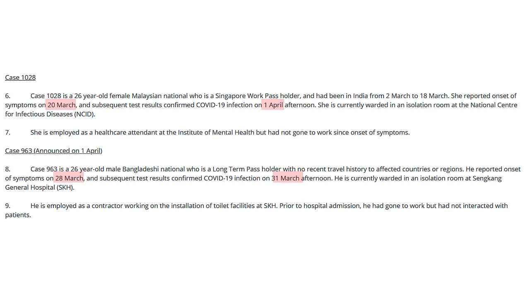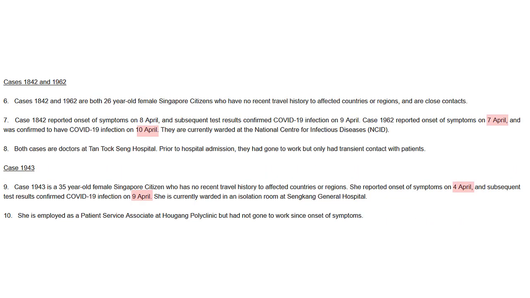While the case 963, it took 3 days. Then far later, 7 April to 10 April, 3 days. For case 1943, it takes 5 days. So all this difference in number of days gave me a hard time deciding what is the day that I should be using.